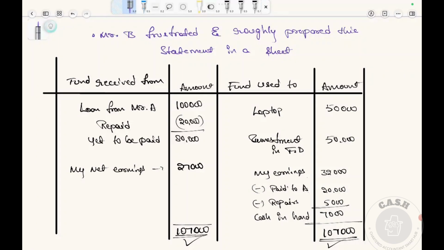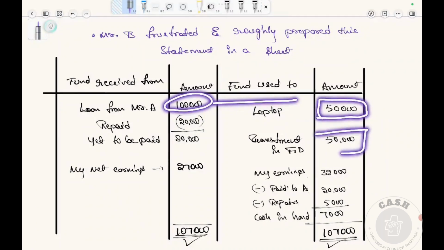He prepared 2 columns, and in one column he said, these are the funds I received from, and these are the funds I used to. He received 1 lakh from Mr. A and has repaid 20,000. With this 1 lakh, he has purchased 50,000 worth of laptop and the balance 50,000 invested in bank FD.